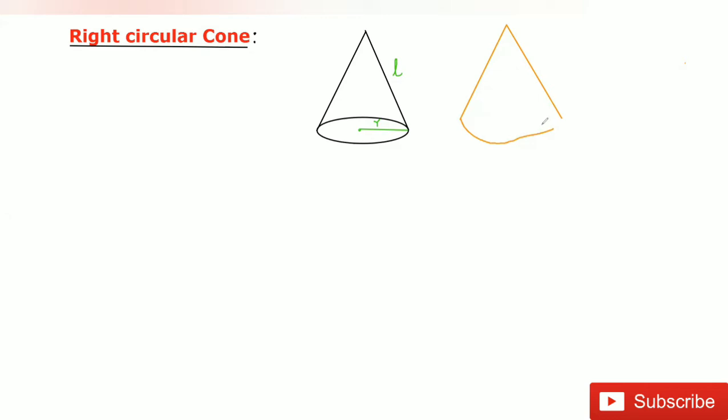Wait, I will draw with a cutter today. This is the outer radius, capital R, because from the sector we are getting one shape. And this part is theta, and this is called the length of the arc.